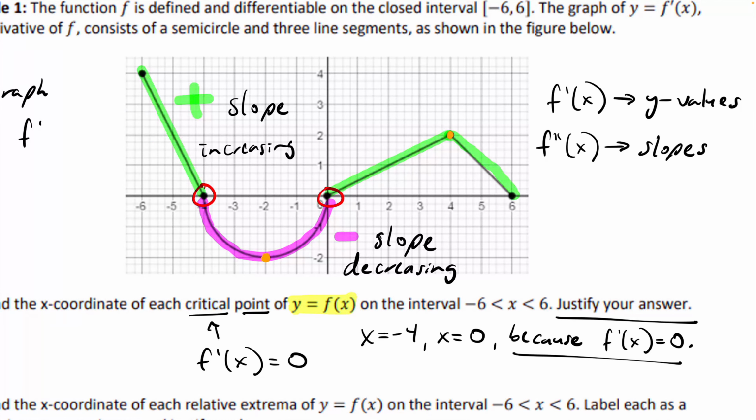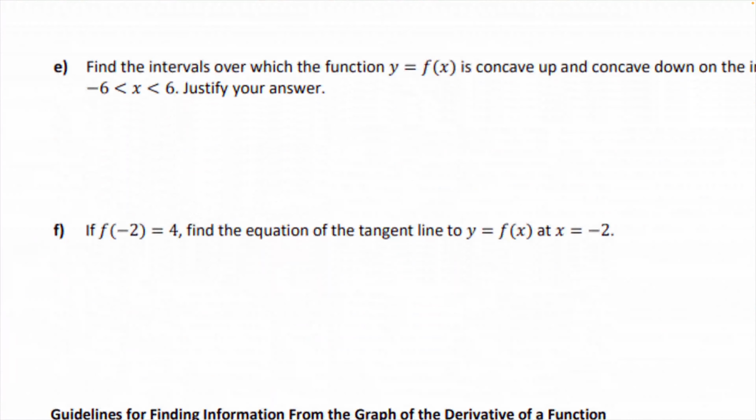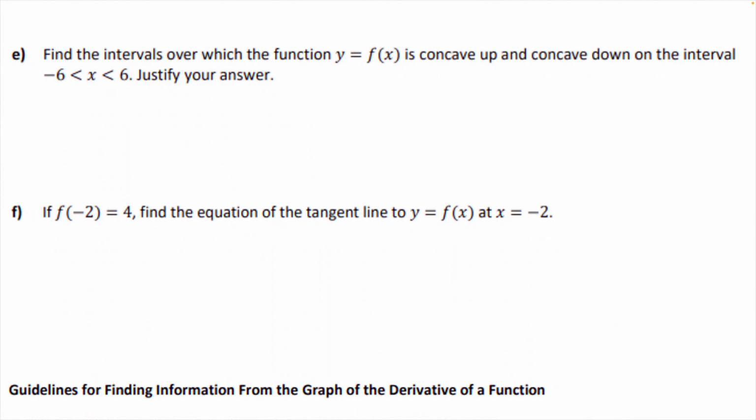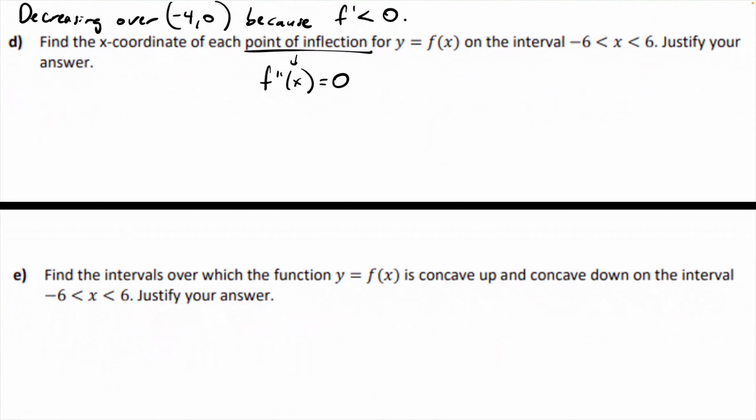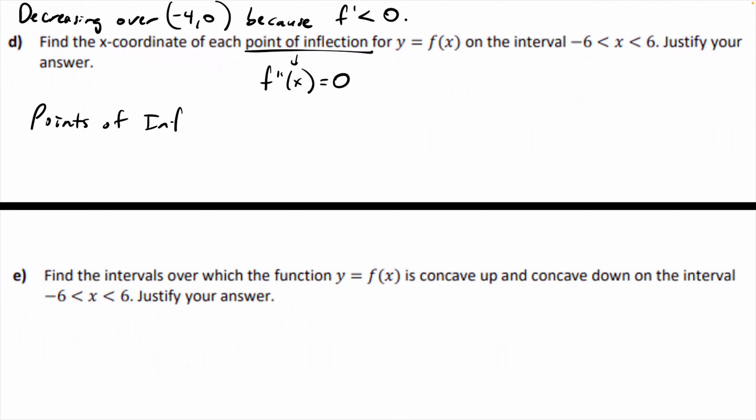Okay? So let's go down here. Concave up, concave down. So we haven't answered the last question. Point of inflection. So we would say points of inflection at x equals -2, x equals +4.